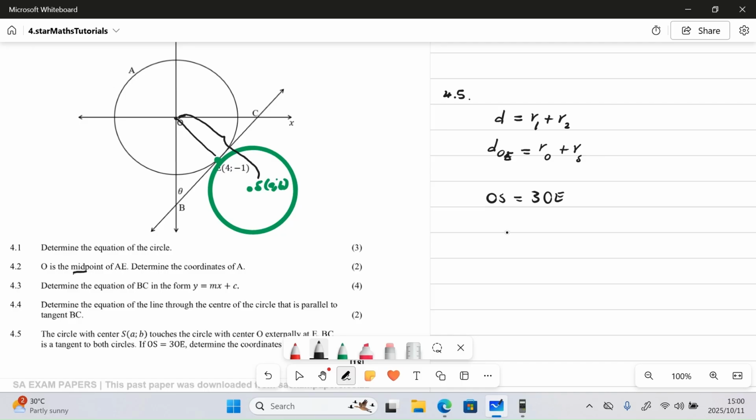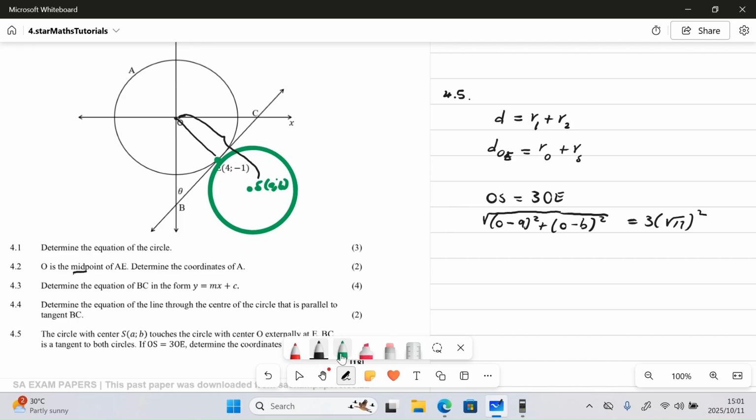So the distance between the two centers: x at O minus x at S, which is a, then y at O is 0 minus y at S. That is OS. It must be equal to 3 times OE, which is root of 70.